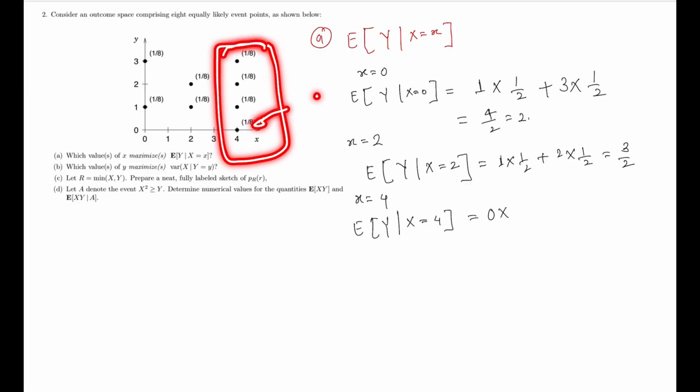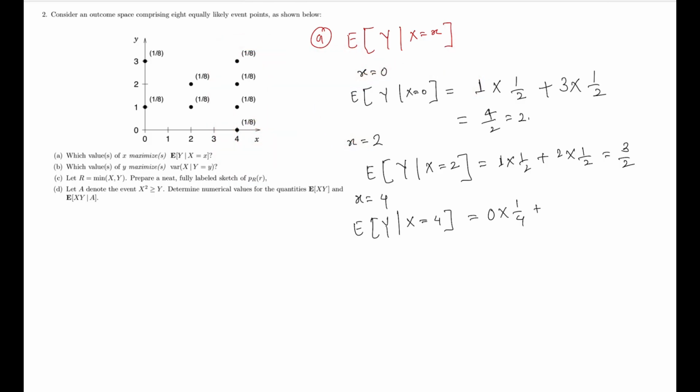The total probability is 4 divided by 8, the favorable is 1 divided by 8, so we will have 1 divided by 4, and for each we will have 1 divided by 4. Y can take the value 1 times the conditional probability, the value 2 times the conditional probability, and the value 3 times the conditional probability, and it will be 2 plus 1, that is 3, plus 3, 6 divided by 4, that is 3 divided by 2.